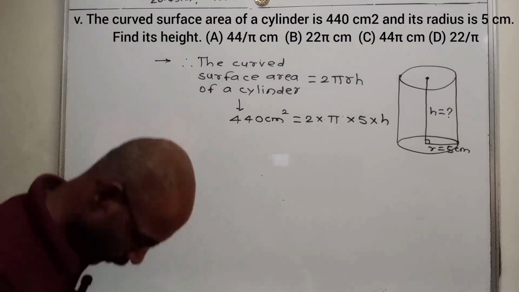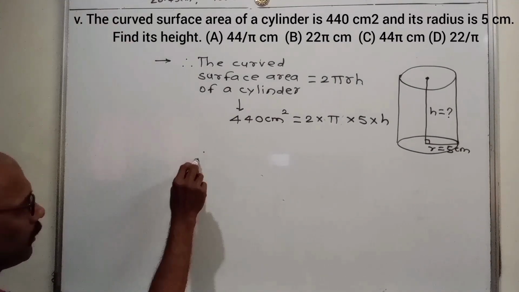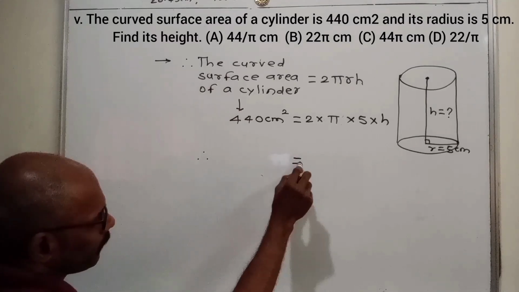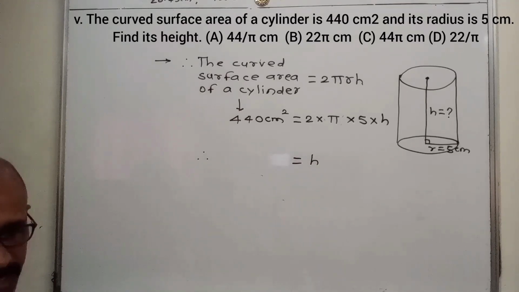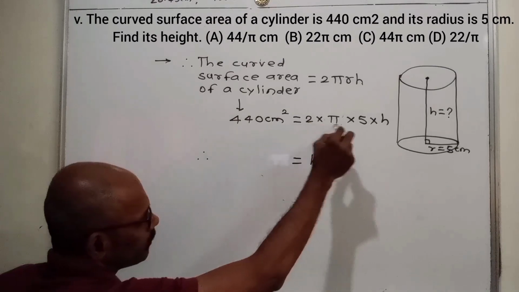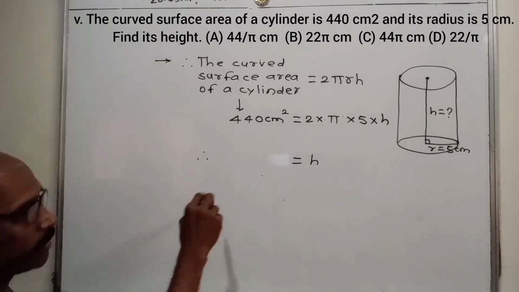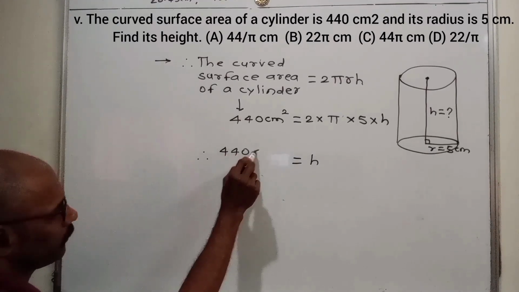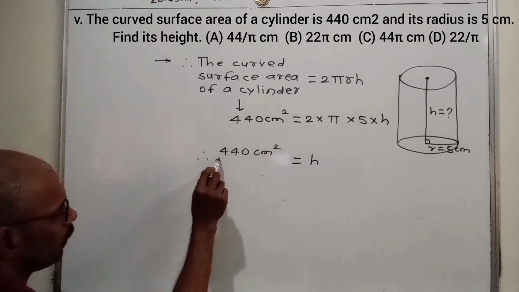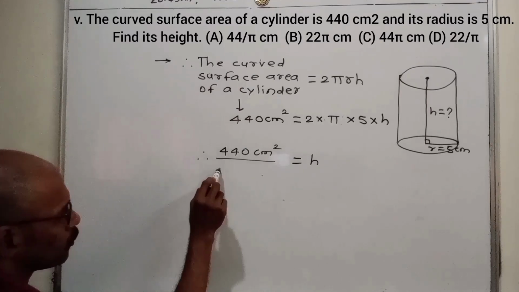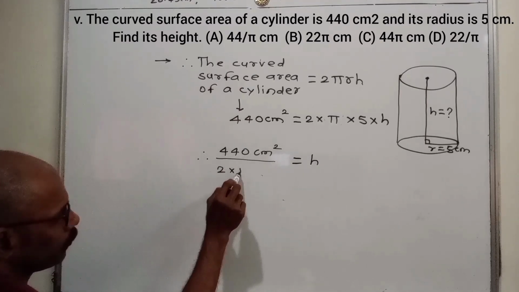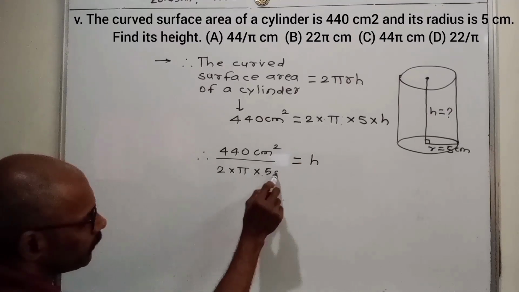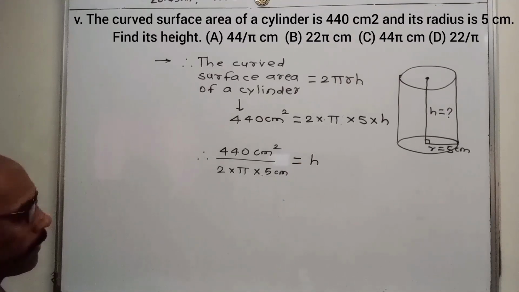Did you get it? Therefore, we keep this h here as it is, and we take these three terms to the left side. 440 cm square over 2 into pi into 5 centimeter. This is radius.